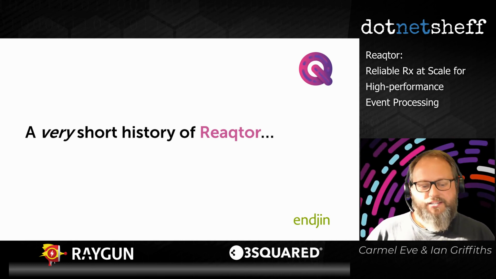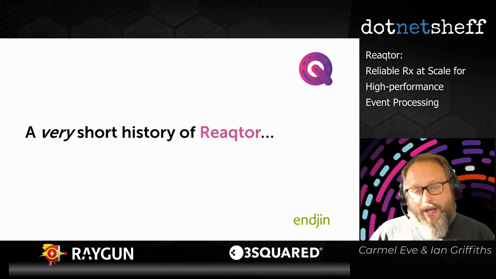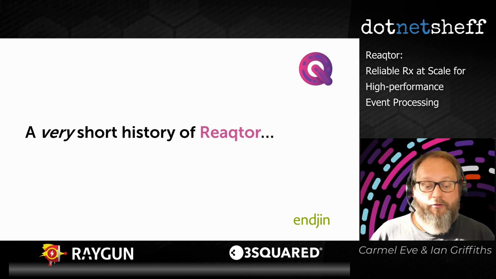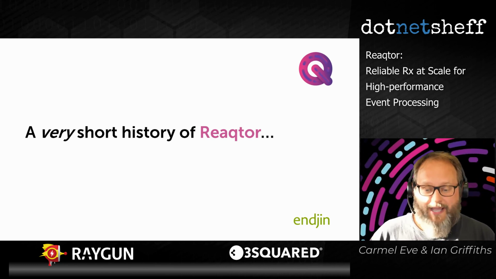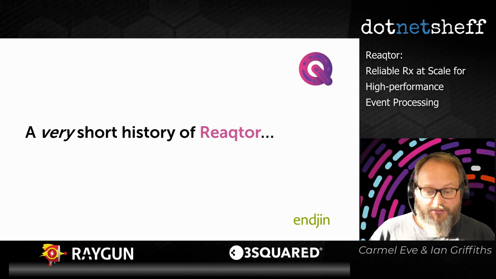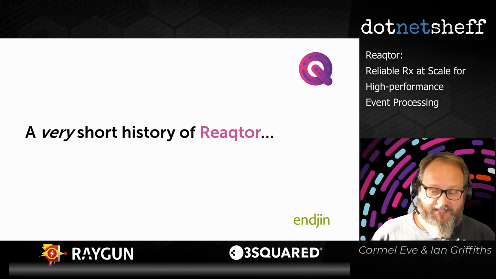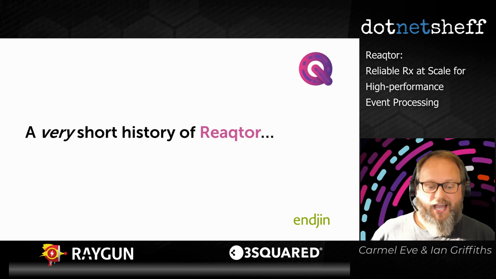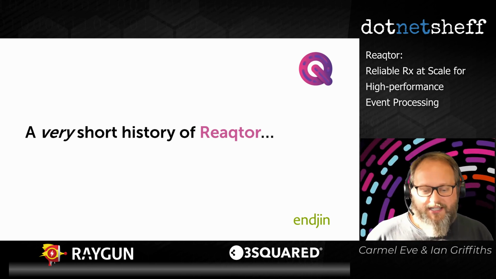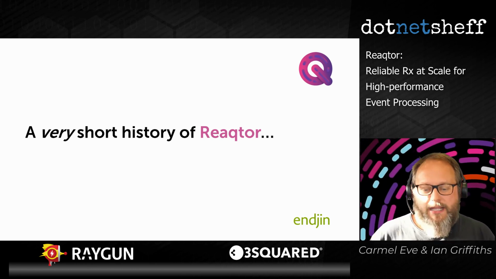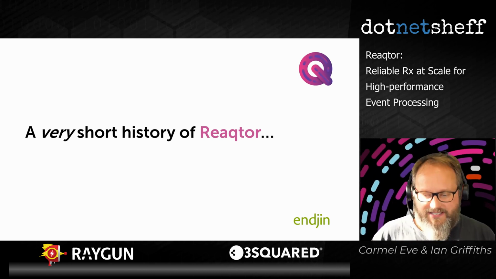So Reactor was actually always a central part of the vision for the reactive extensions. Although RX, the reactive extensions, have been widely adopted in the years that followed, not just in .NET, but there have also been ports to other languages, the RX libraries that we have today were really only ever meant to be just one piece of the jigsaw.